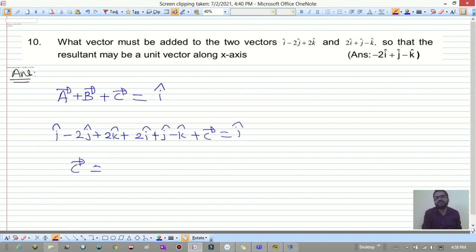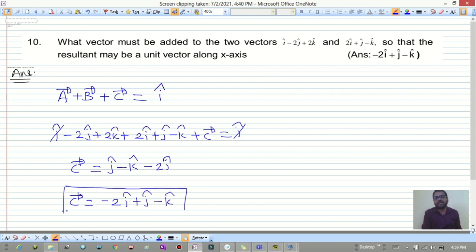And c bar we have is, this gets cancelled, minus 2j plus j, minus j, it will become plus j, 2k minus k hat, minus k hat, and this 2i is there, so minus 2i hat. So c bar, the third vector we have, is minus 2i hat plus j hat minus k hat. Right, so what vector we have to add to these two vectors a bar and b bar, so that the resultant will be unit vector along x-axis.